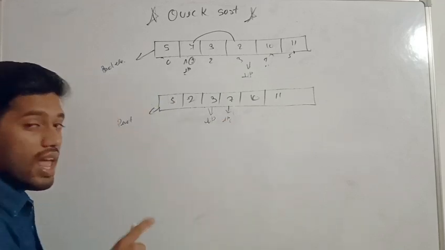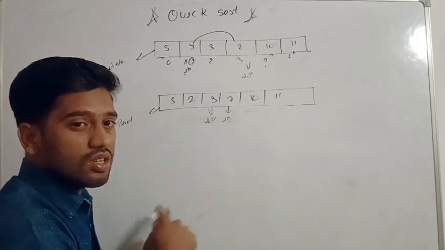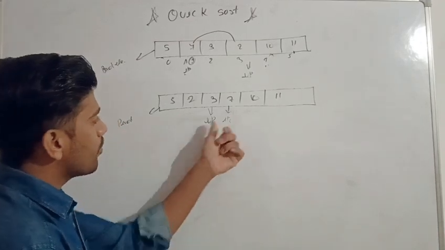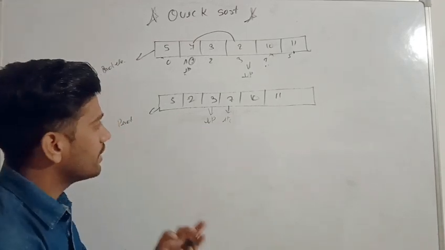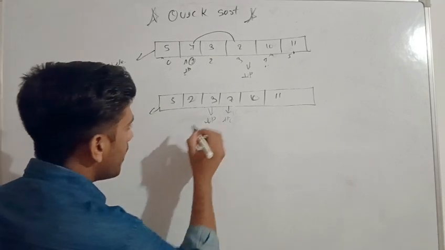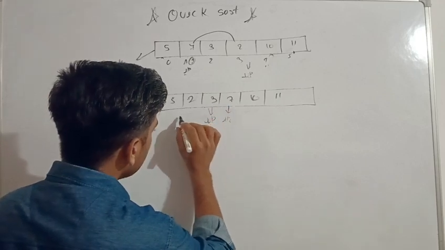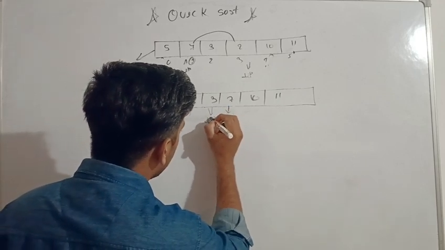Now we will stop when the upper bound and lower bound have crossed each other. At that time we will stop, and now at this time what do we have to do? We have to swap with the upper bound.